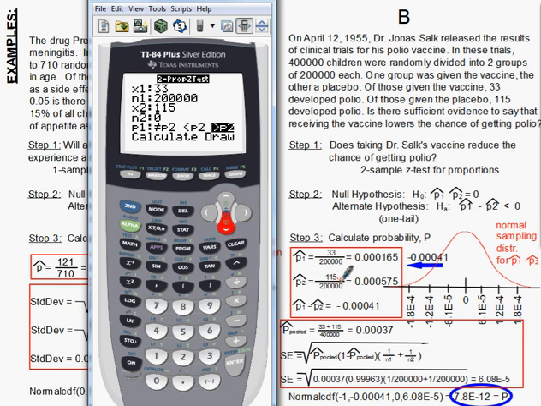And then our second sample is 115 kids got polio out of, again, the 20,000. We are looking for where the first sample is less than the second sample. That would mean, if we look at our alternate hypothesis and add p2 to both sides, it would read p1 less than p2. So that's that one. And we can calculate.